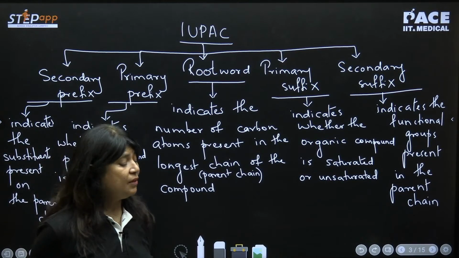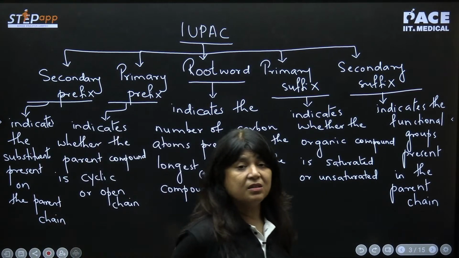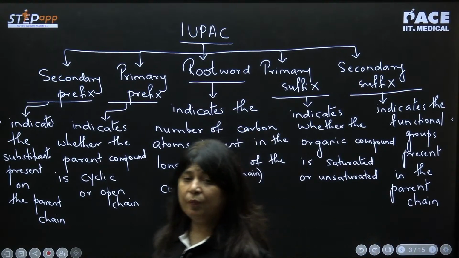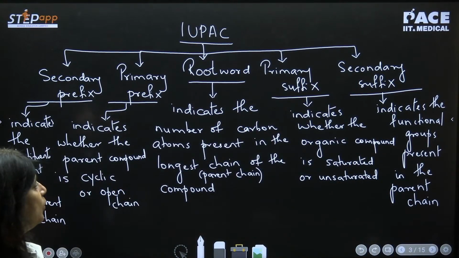Okay, so these are the 5 parts in the naming. I'll be first starting with the root word, that is the central part. So let's begin with the root word.